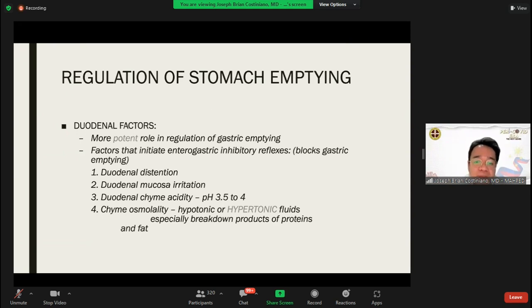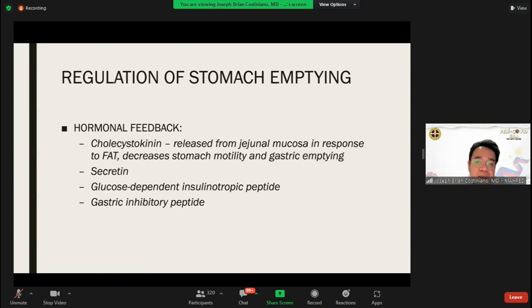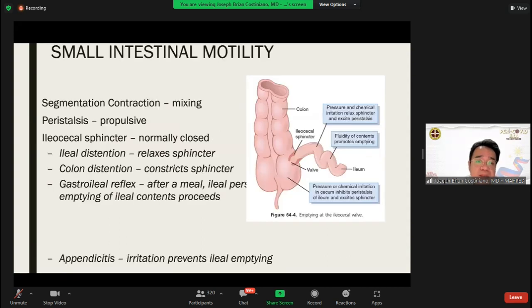And also chyme osmolality. If there are still hypotonic or hypertonic fluids, especially breakdown products of proteins and fat, then it will block gastric emptying. Okay, of course, you have your hormonal feedback: cholecystokinin, secretin, glucose-dependent insulinotropic peptide, or your GIP, gastric inhibitory peptide. Those also play a potent role in delaying or increasing gastric emptying time.